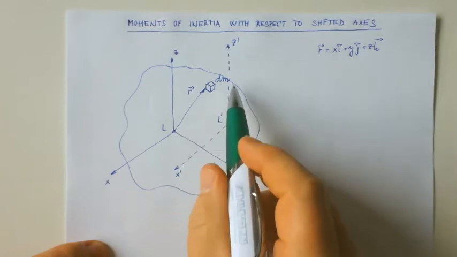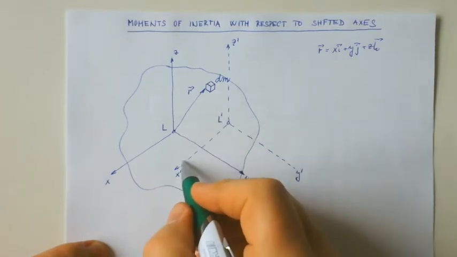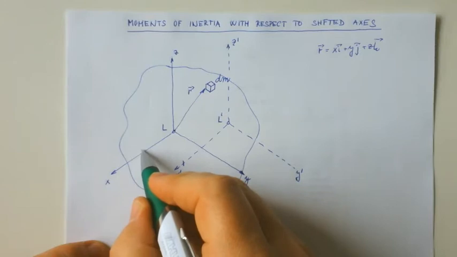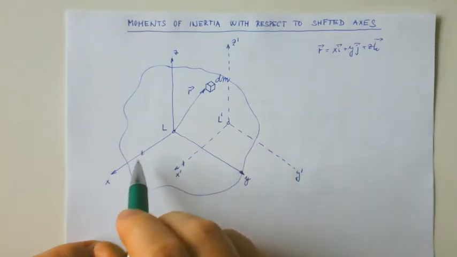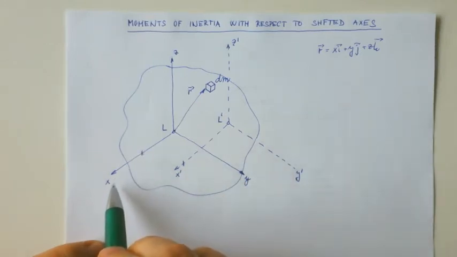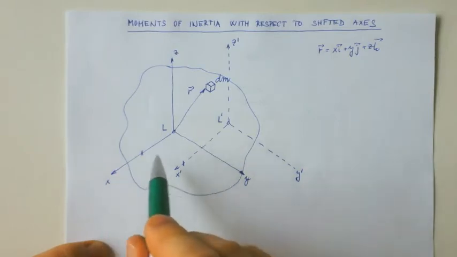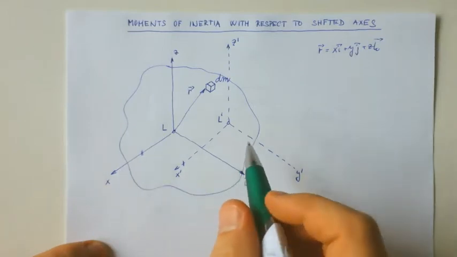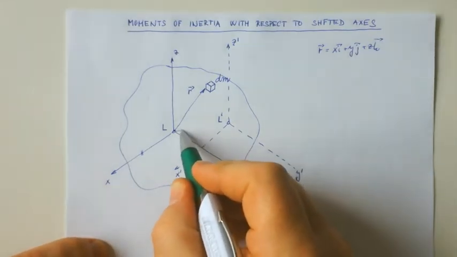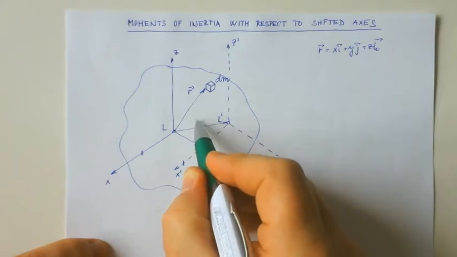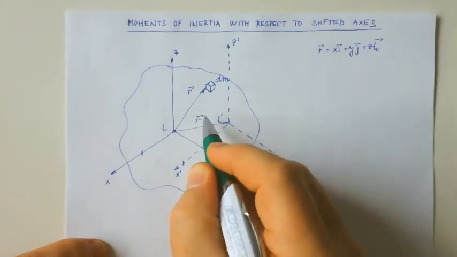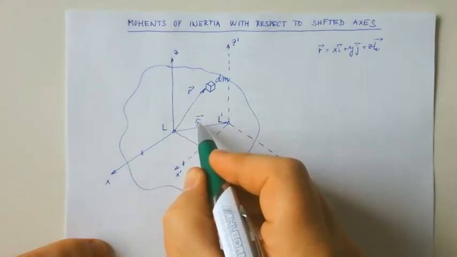The feature of this new coordinate system is that its axes are collinear with the corresponding axes of the former, original system. And the shift vector we can denote as rs.